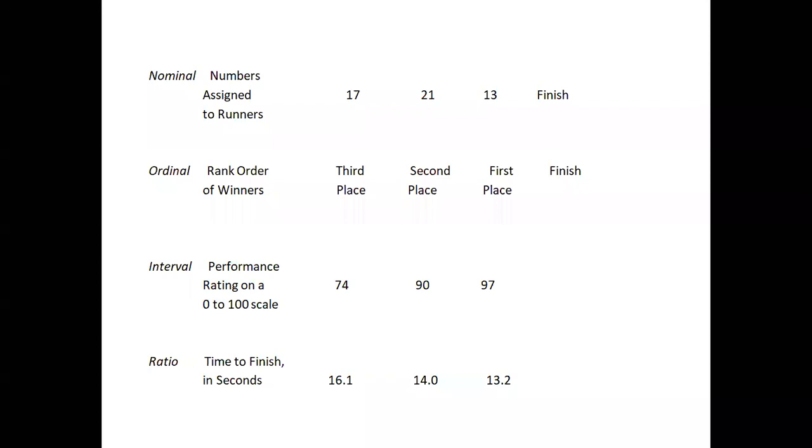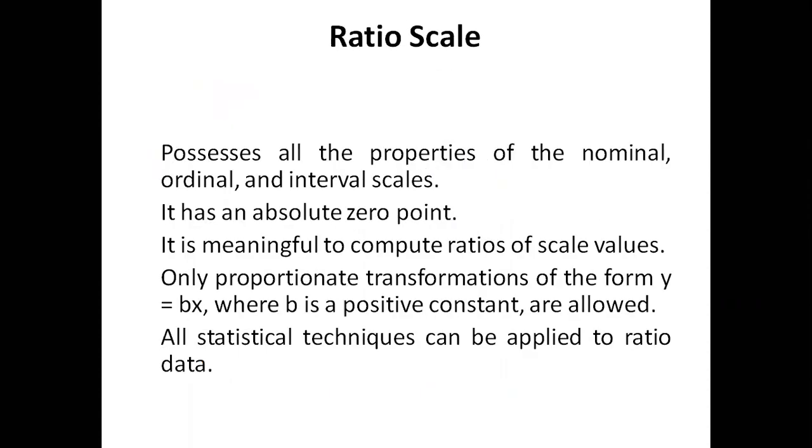If you ask them like this, they may give numbers, somebody may give 74, somebody 90, somebody 97. So you will come to know how much they are satisfied or dissatisfied, or neither. These are called interval scales.